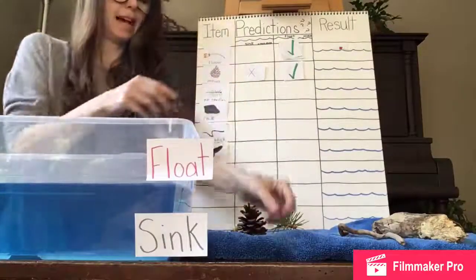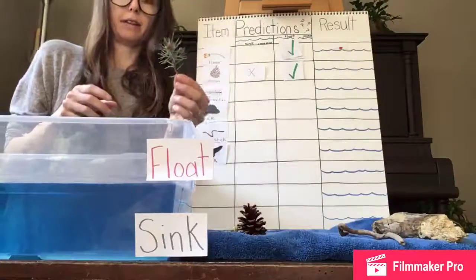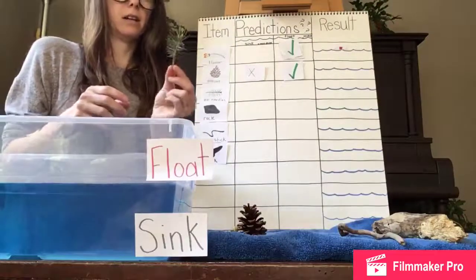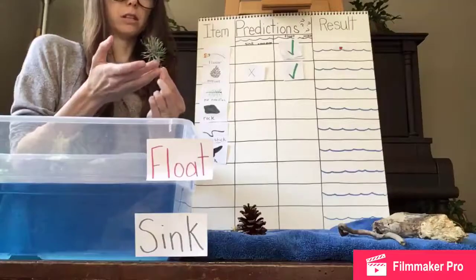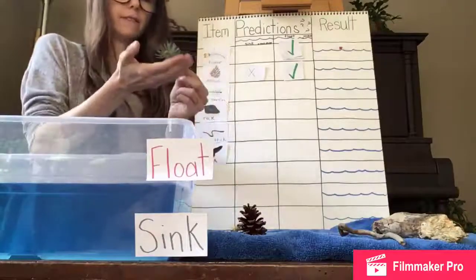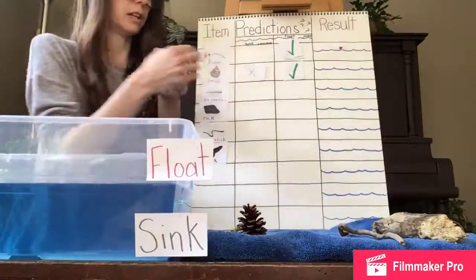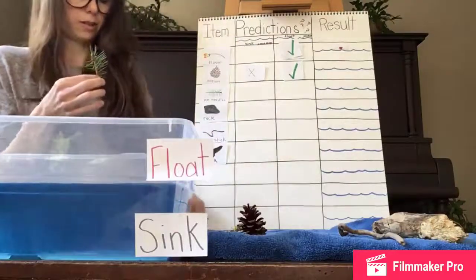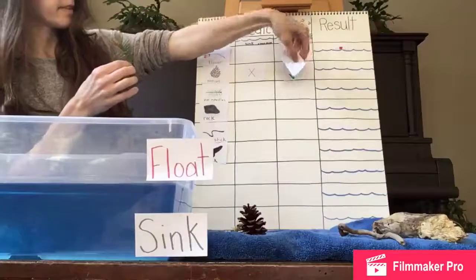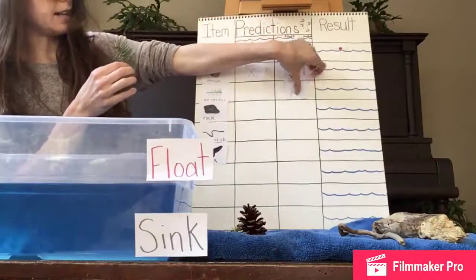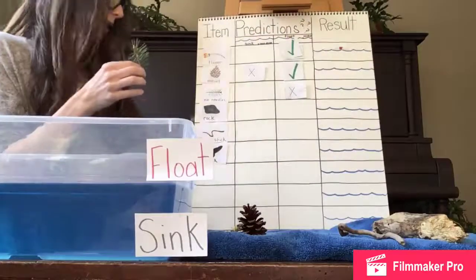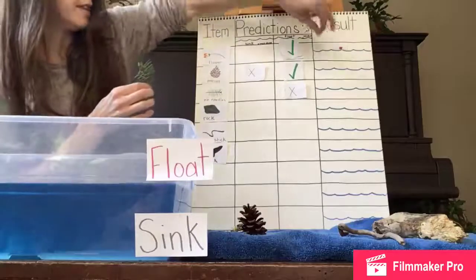Okay, now we have pine needles. This is kind of small, just like the flower, and it feels light, just like the flower. The flower floated, so I'm going to guess it's going to float. Let's find out. Oops, I forgot to put that this one floated.